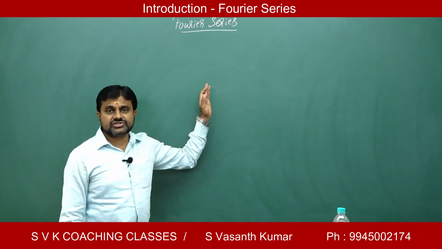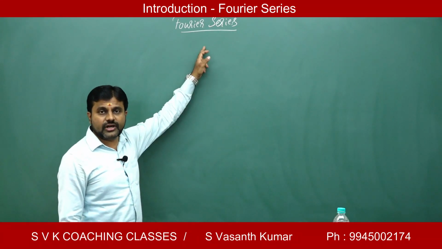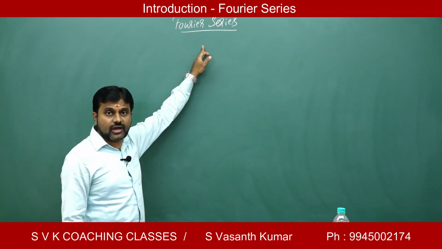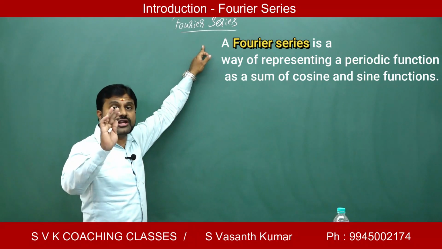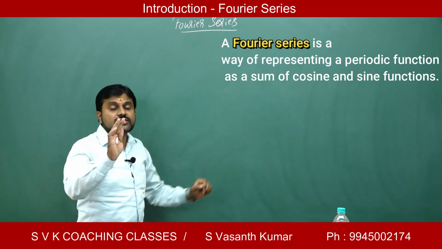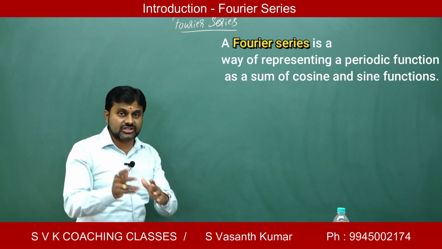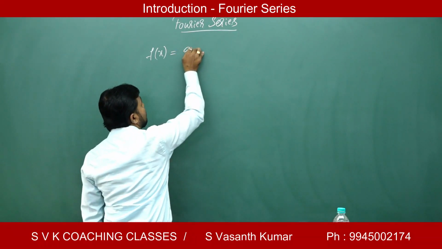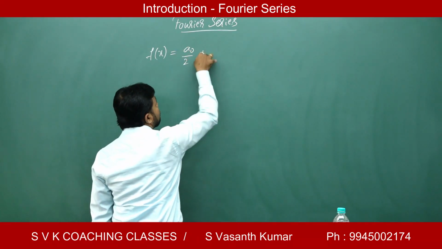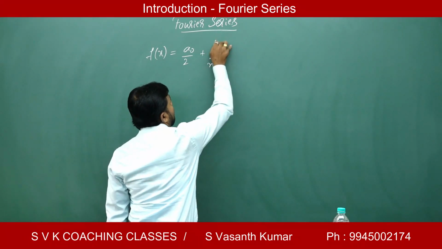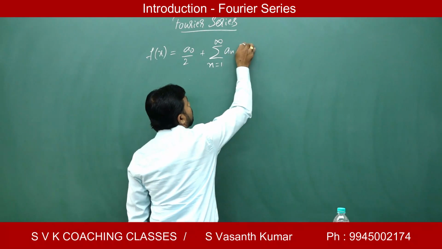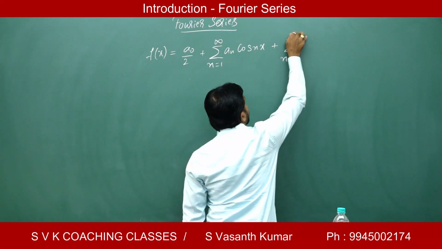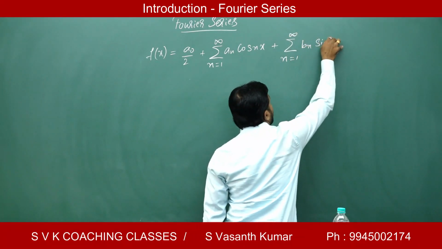Now as you came to know the definition of a periodic function, we shall define a Fourier series. A Fourier series is defined as a way of representing a periodic function as a sum of cosine and sine functions: a0 by 2 plus summation n equal to 1 to infinity an cos n x plus summation n equal to 1 to infinity bn sin n x.